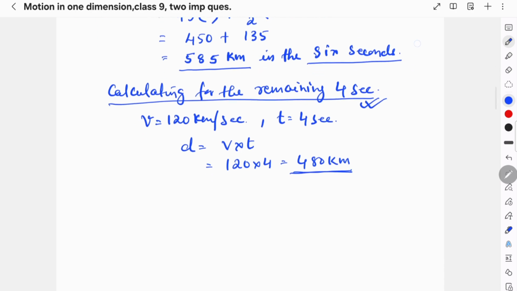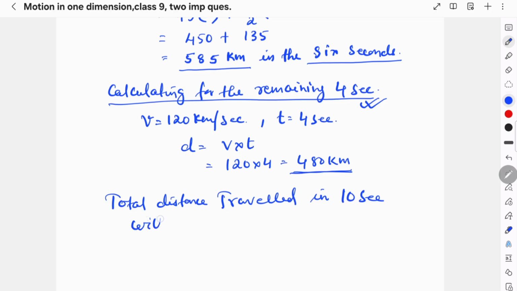So now let's find out the total distance traveled in 10 seconds. So the total distance traveled in 10 seconds will be the sum of 585 plus 480 kilometers.